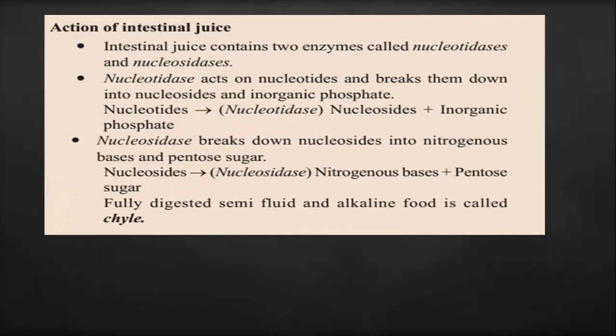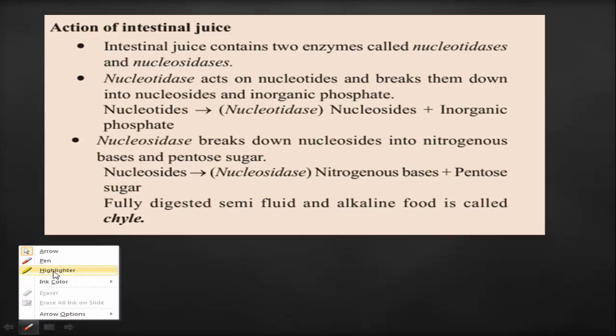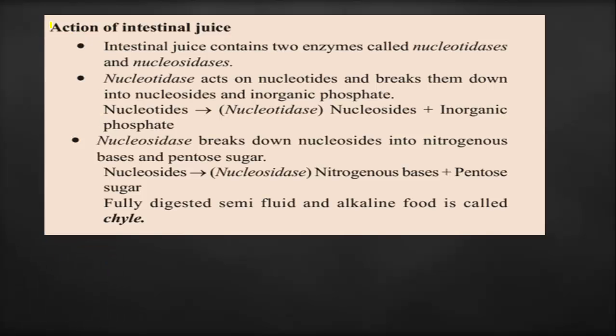Then, what about intestinal juice? Intestinal juice also contains two nucleases. Final action is carried out by the enzymes which are present in the intestinal juice. The intestinal juice is also having two enzymes for the digestion of nucleic acids.